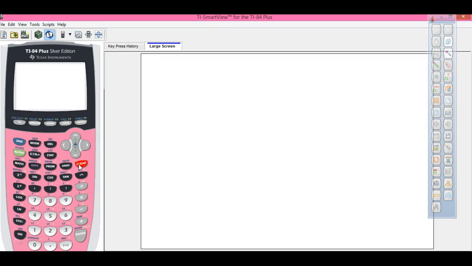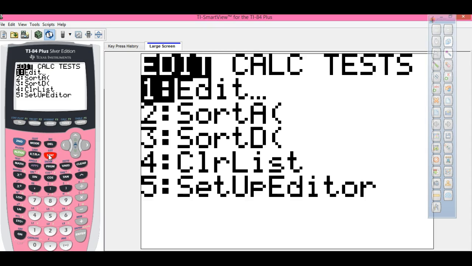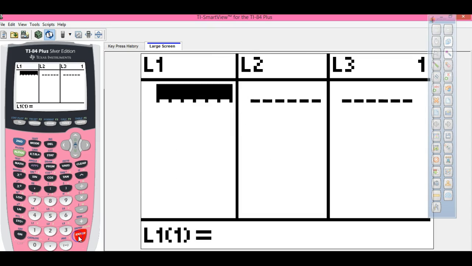Follow along on page 76 so you know how to do this. Now, what does it say to press? It says to press stat. So your stat button is right here, underneath your delete button. That's what it looks like, right? And then what does it say to press? Enter for edit, because we're going to edit a list.